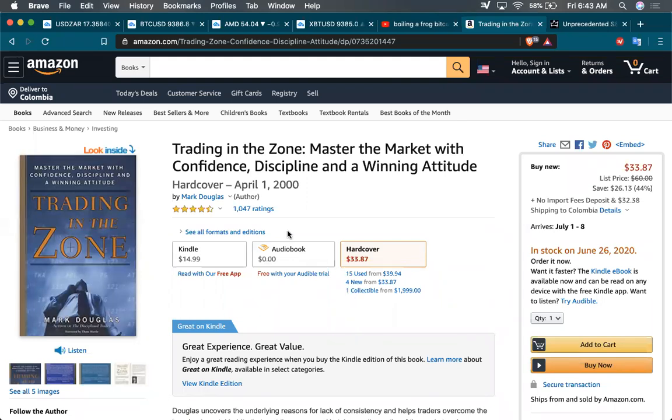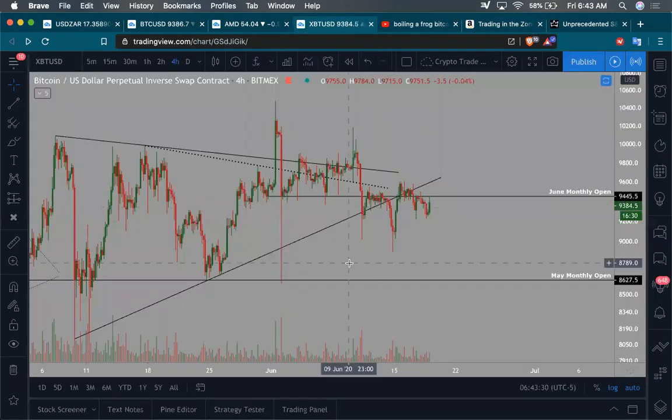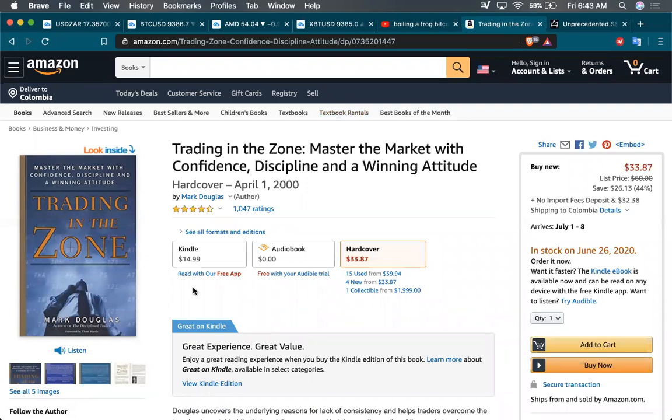This is one of the best books by Mark Douglas, where it helps you understand your own psychology and the psychology of other people, of how they react in the market when the market aggressively moves up, moves down, how you deal with losses, how you cope with profits, how you cut winning positions, losing positions, many other things that we encounter in terms of our mindset on a day-to-day basis, okay?